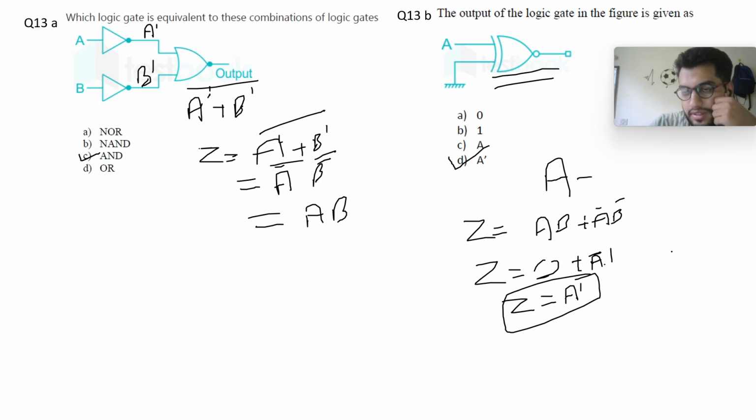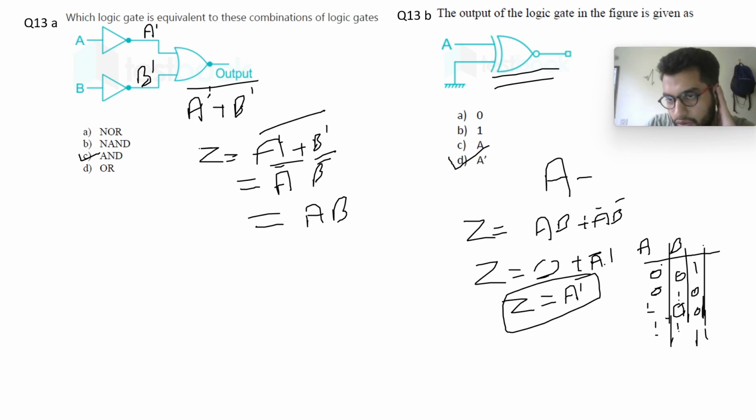Another way you can do it is to look at the truth table. A, B is 0 0, 0 1, 1 0, 1 1, and the output of the XNOR gate is 1, 0, 0, 1. So in the cases where B was 0, output was 1 for A equal to 0 and output was 0 for A equal to 1.